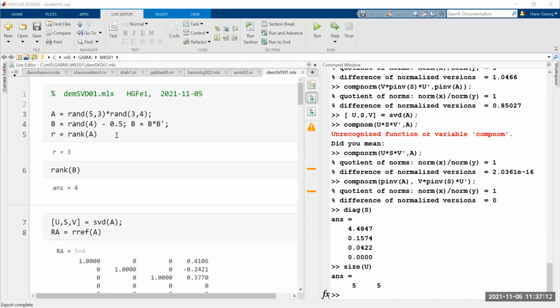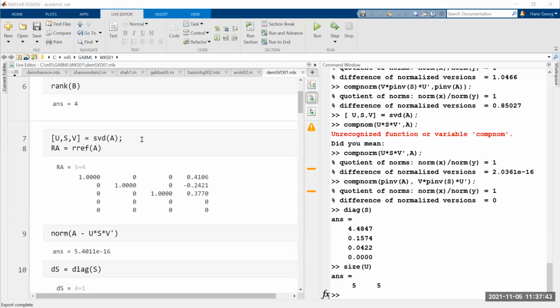I could do complex matrices too. Then I multiply the matrix with its transpose conjugate. In this way, I clearly get a positive definite symmetric matrix. And because, again, it's random, it's not surprising that the rank of A is 3, and the rank of this positive definite matrix is 4. Because it's full rank and positive, it's strictly positive definite.